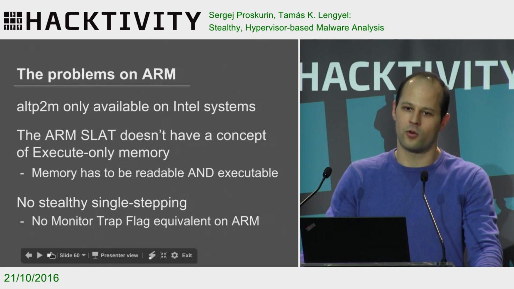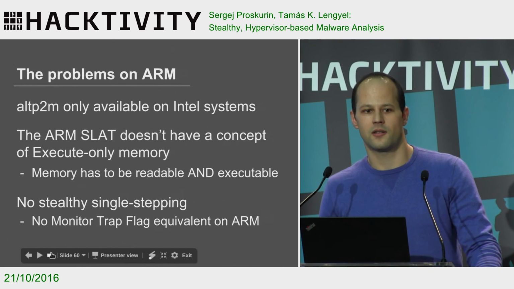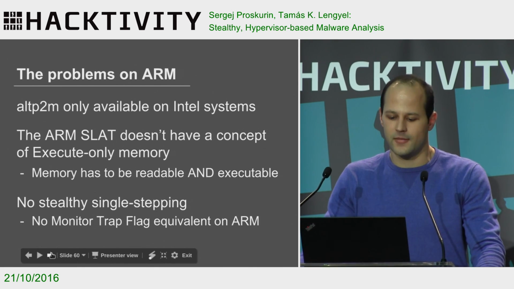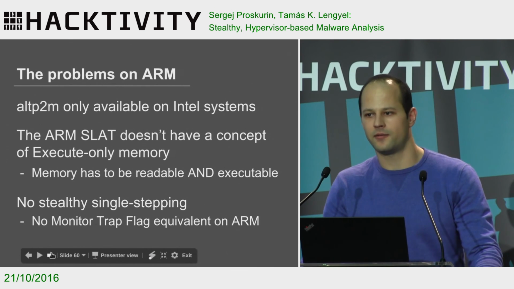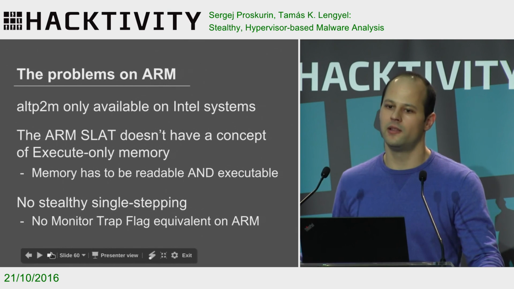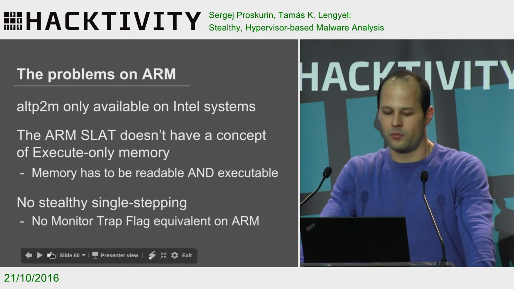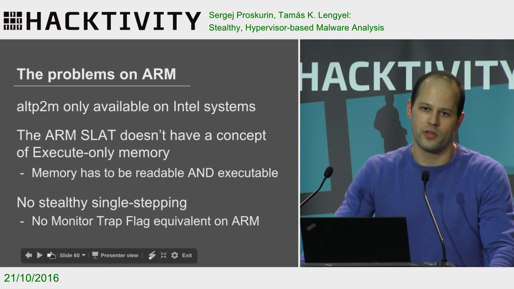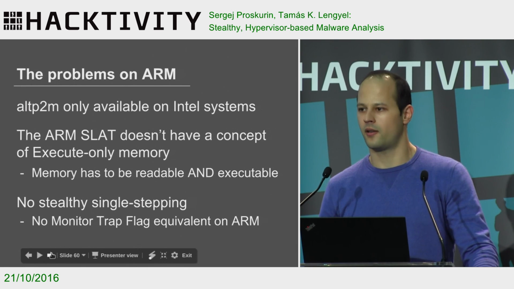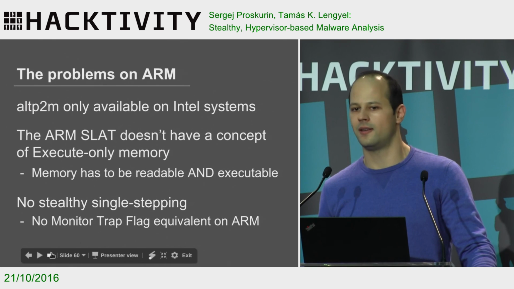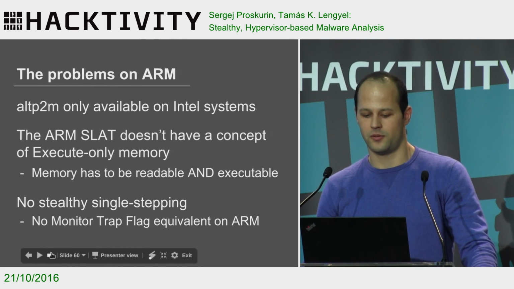This means every read or write access will be tracked by the hypervisor or even by the guest, depending on the architecture extensions, and can be changed in a way so that they will be satisfied without actually revealing the monitor, right? On ARM you can't do it this way, and because of this you will need to come up with more sophisticated solutions than simply remapping the memory, because every time you map the code into the memory it needs to be, and it is hardware defined, readable and executable.